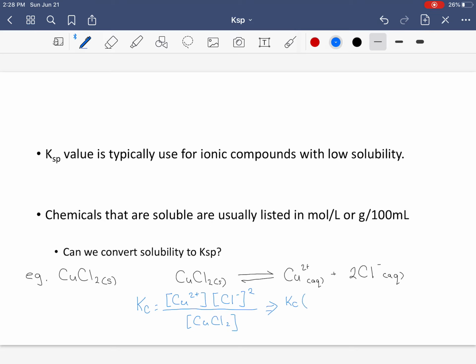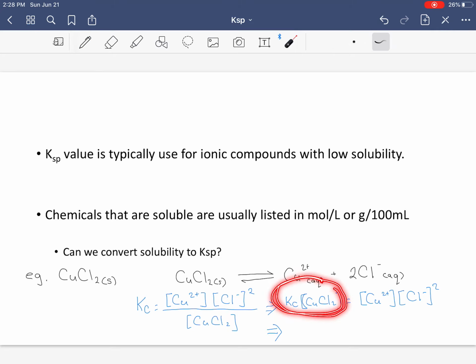So Kc times CuCl2 is equal to Cu2+ times Cl- squared. Okay? To further break this down, this right here is Ksp. Okay? The equilibrium constant times the solute is actually my Ksp value.